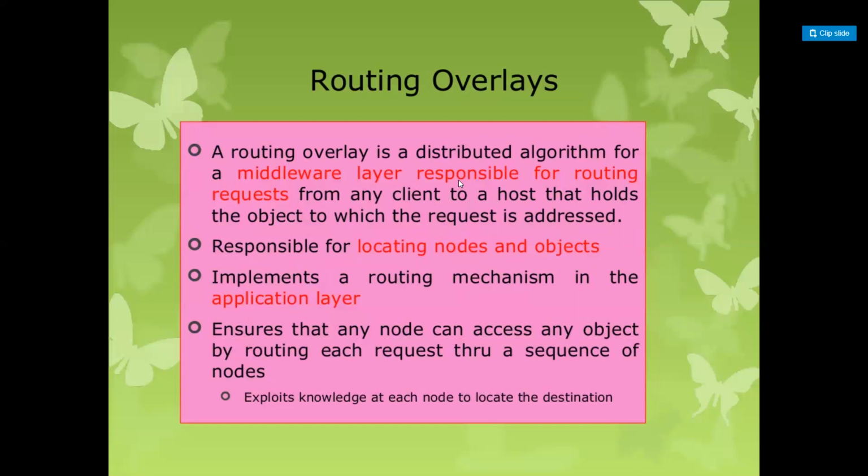Okay. Next topic is routing overlays. A routing overlay is a distributed algorithm for a middleware layer, responsible for routing requests from any client to the host that holds the object to which the request is addressed.